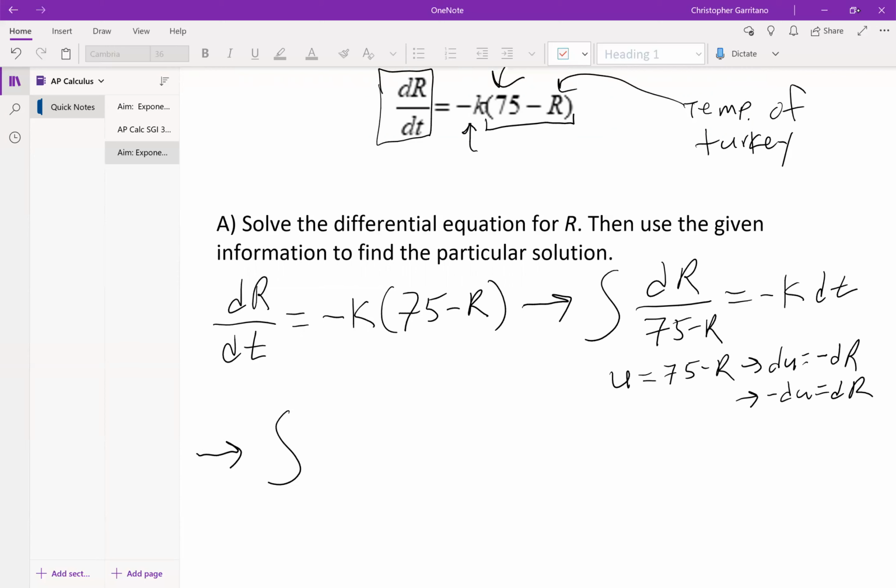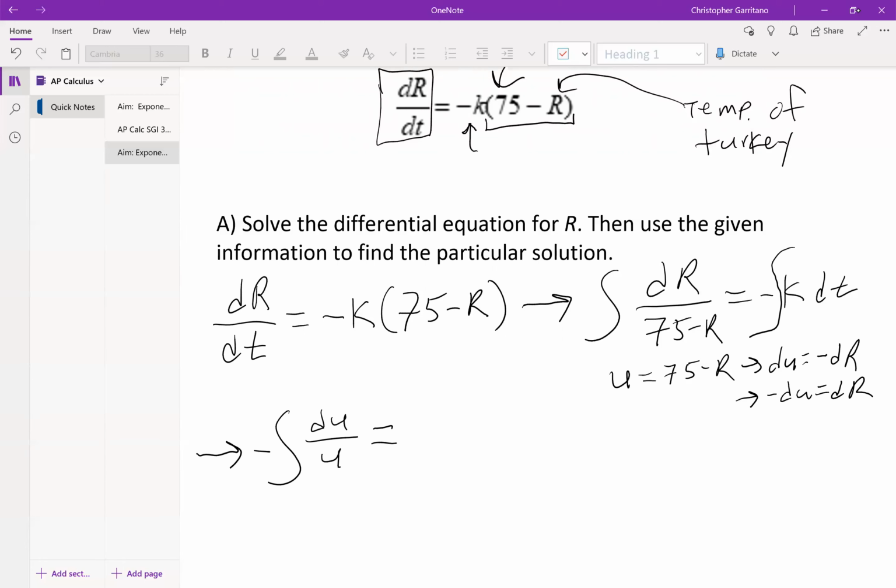So the integral of negative du, so I pull the negative out front because it's a constant. And the denominator is 75 minus R, which is exactly what I defined to be u. All right, the right side is still, there should be an integral here. Sorry about that. And notice that I put the integral to the right of the negative sign.